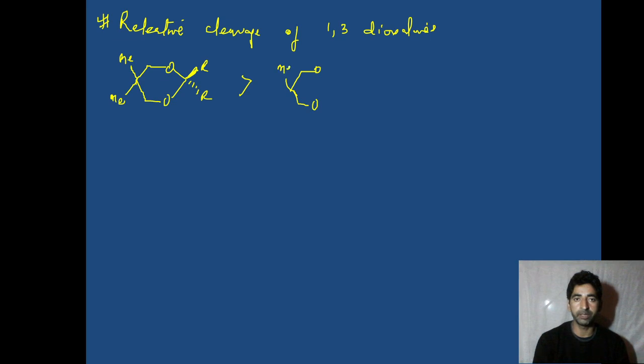So over here I have a methyl group and I have hydrogen. This is again a 1,3-dioxane, but it is less hindered compared to the first case. Now it is more readily cleaved compared to this one.